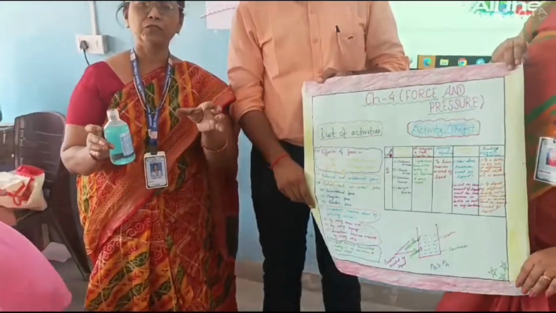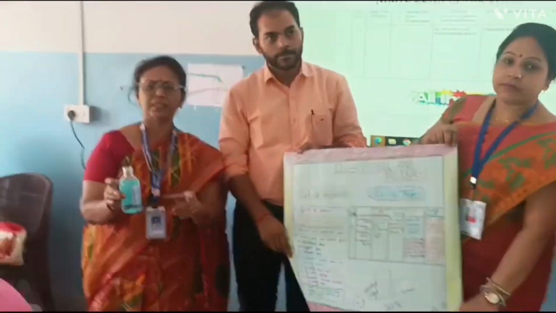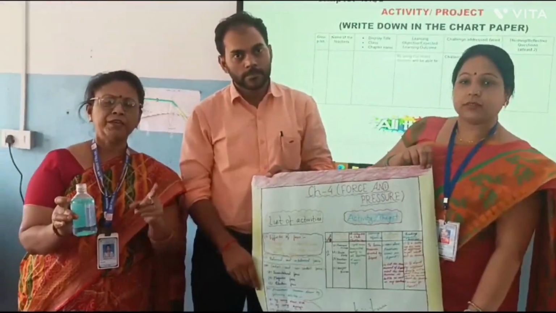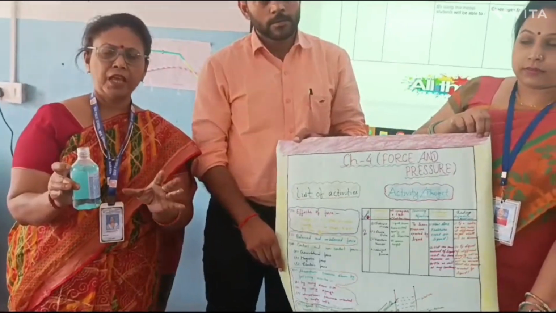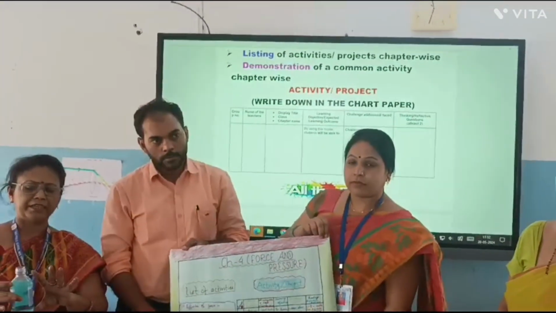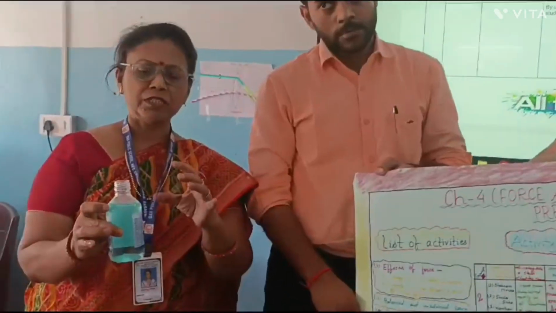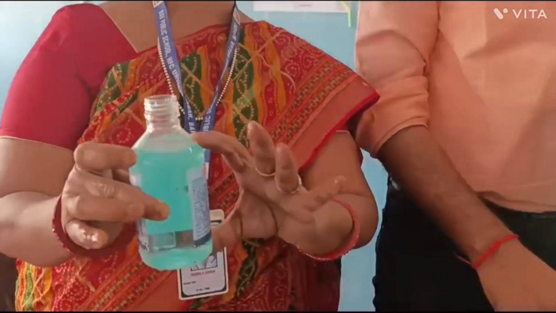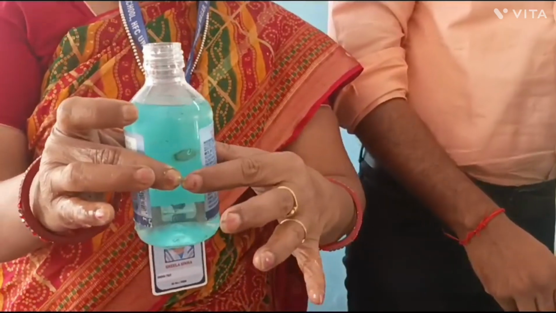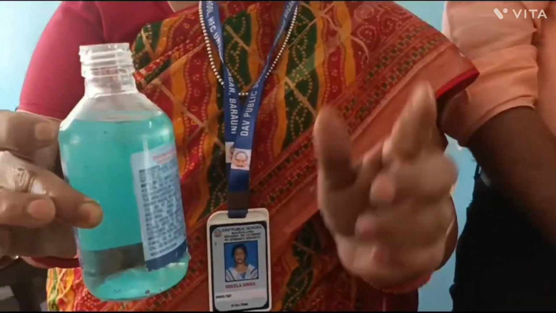Thank you. Now we are going to show that a liquid exerts pressure in all directions equally. To prove this, we are taking one container with two holes at the same height. Now this container or bottle is filled with water, and these two holes are covered with sellotape.